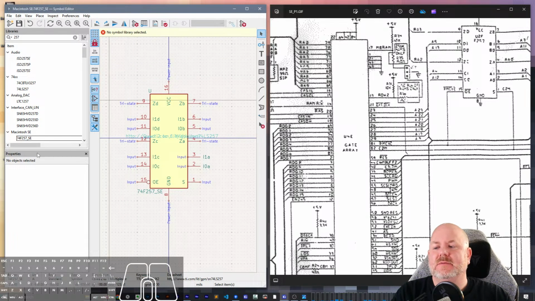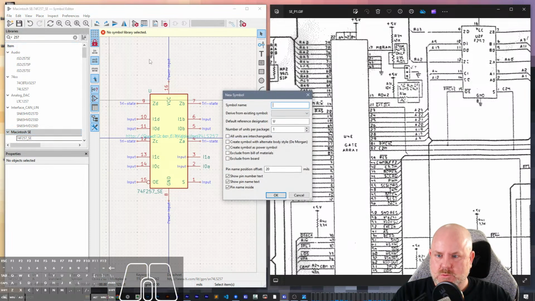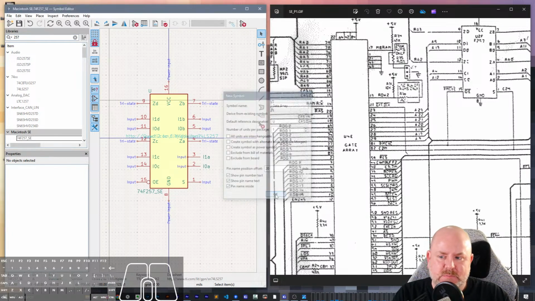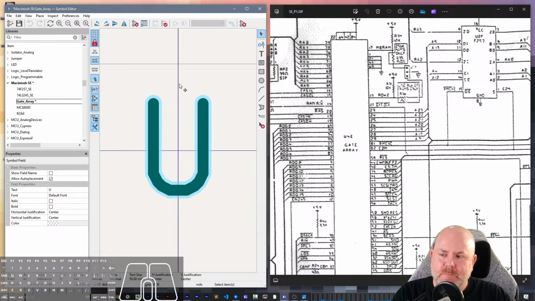Okay, hold on. Save this. Let's do new symbol. The name is going to be gate array. Make sure it went into the right library. Yep. All right.